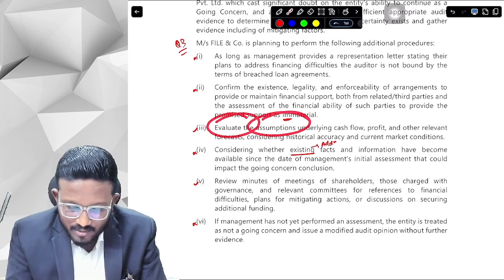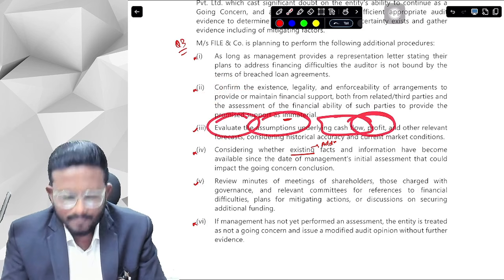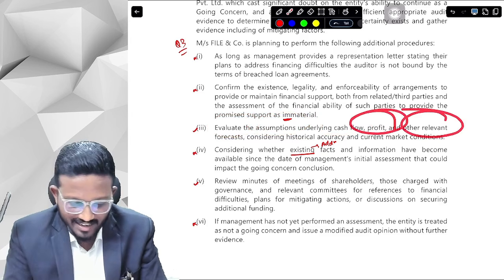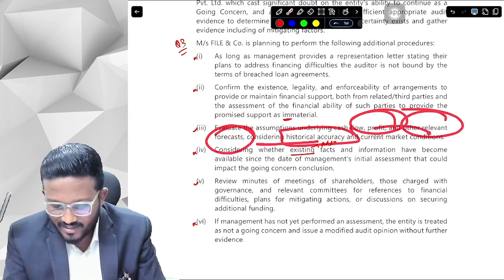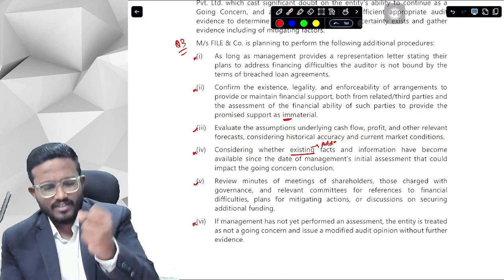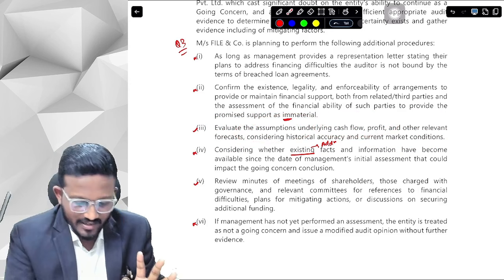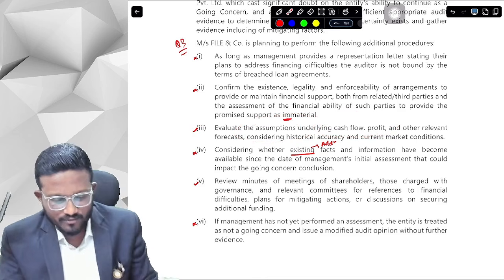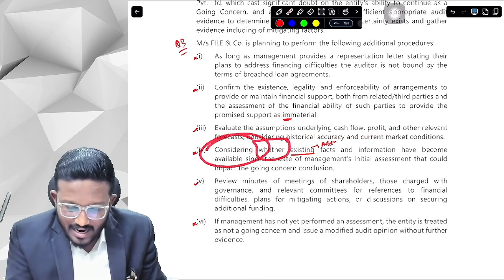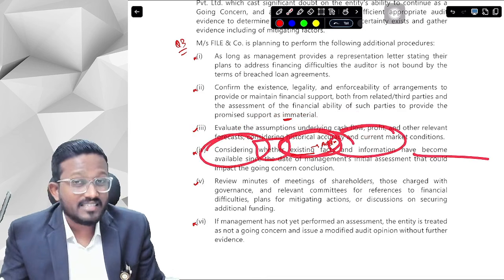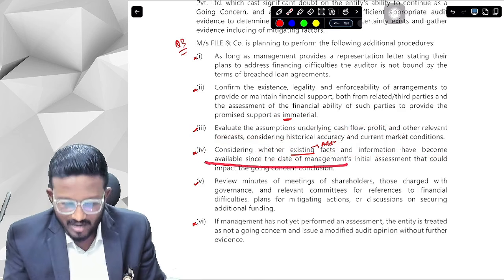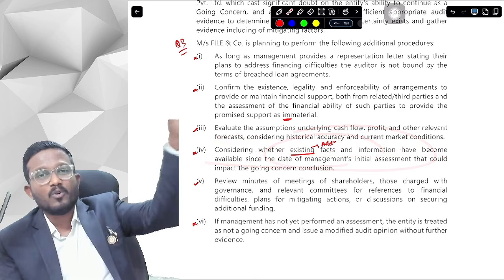Third is, we need to evaluate the assumptions that are underlying the cash flow, profit, or other relevant forecast, considering the historical accuracy and current market condition. Obviously, sir, we need to evaluate the assumptions underlying the cash flow forecast. We have already discussed this in SA 570. So this is the perfect procedure. Next is, what, sir? We need to consider whether there are any existing facts or information that have become available since the management has done its going concern assessment.